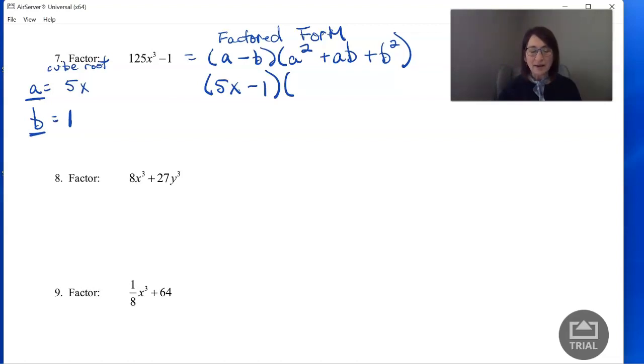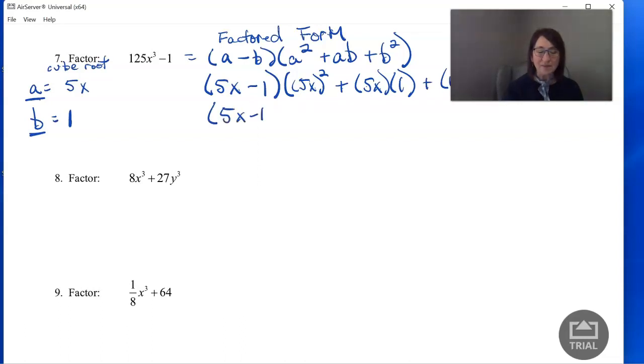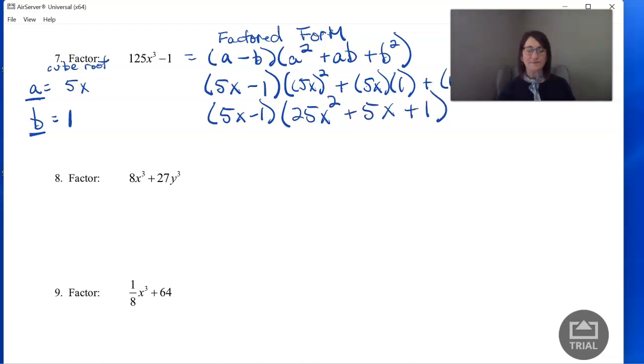Now I'm just going to write it the long way, 5x squared plus each of those terms, 5x times 1 plus 1 squared. Okay, let's go back and simplify. So I've got 5x minus 1 times. You have to square that 5. So it'll be 25x squared plus 5x plus 1.